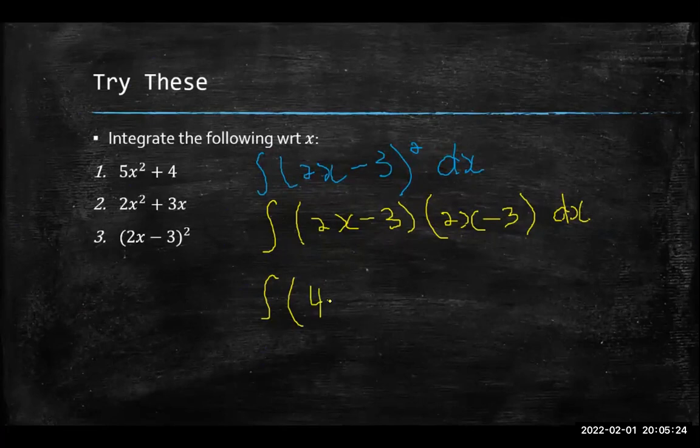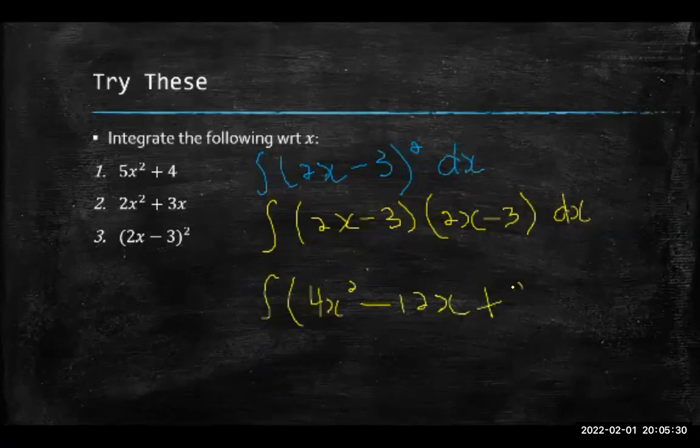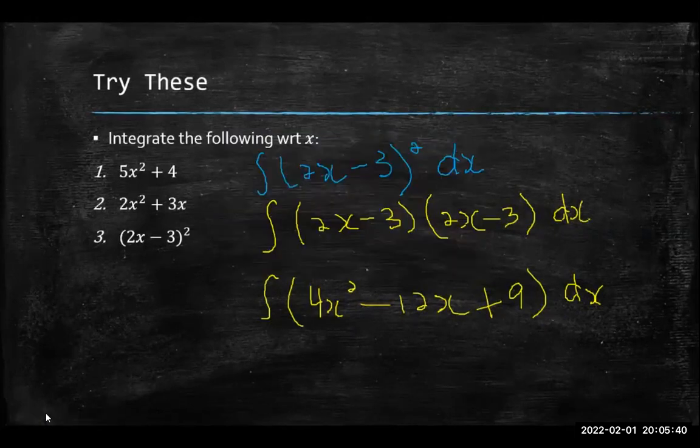This is 4x squared minus 12x plus 9. Now, this right here, 4x squared minus 12x plus 9, is in a form that I can use. You might be wondering, how? Quadratic? Yeah, it's a quadratic.